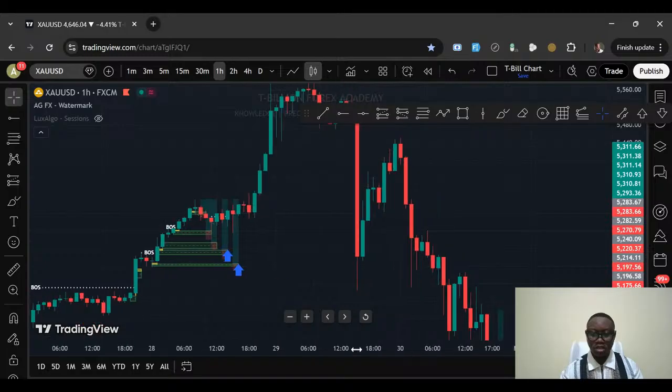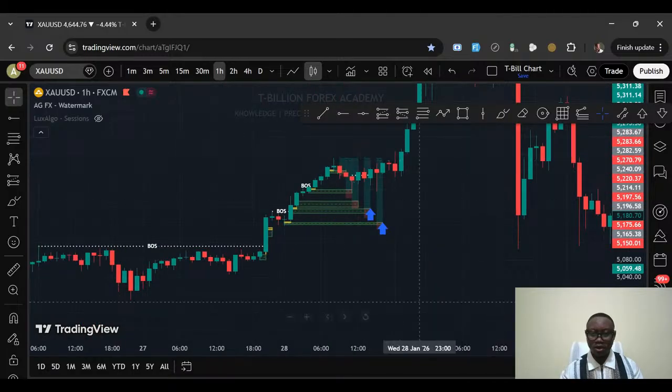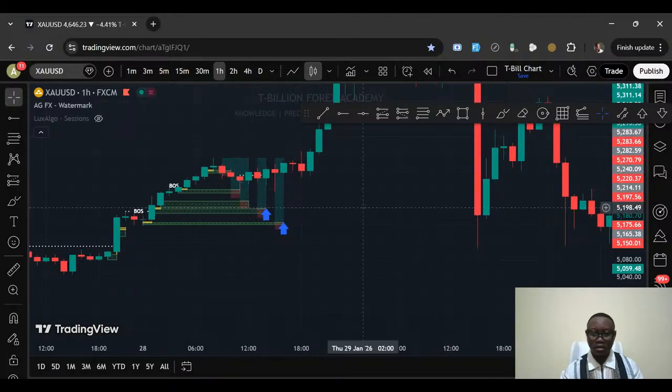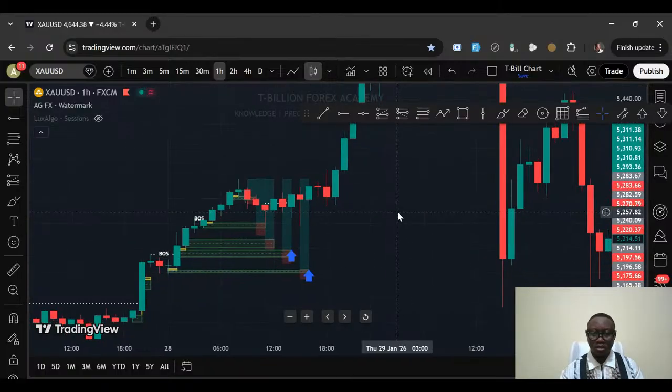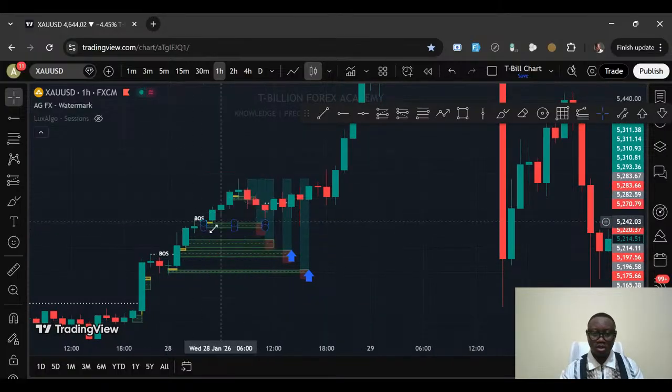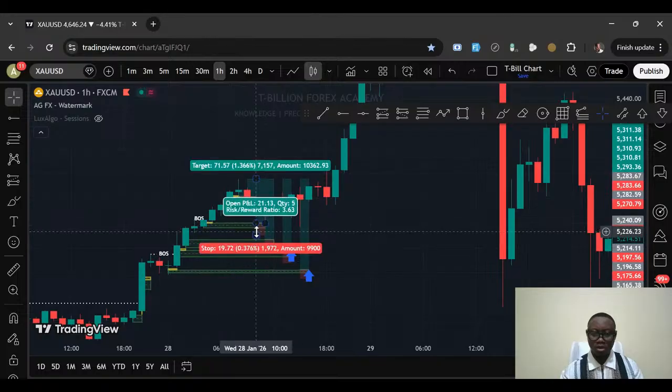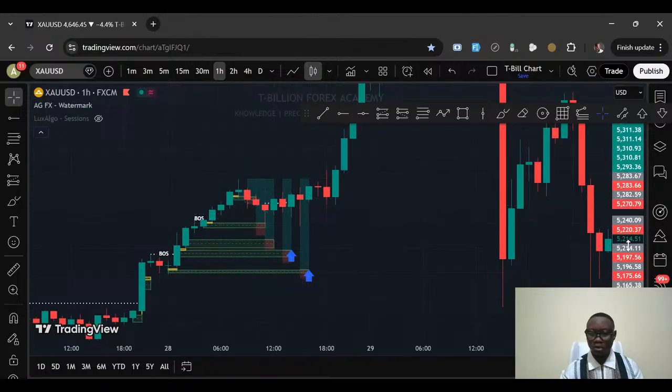This is just a very quick one. This zone got tapped into.